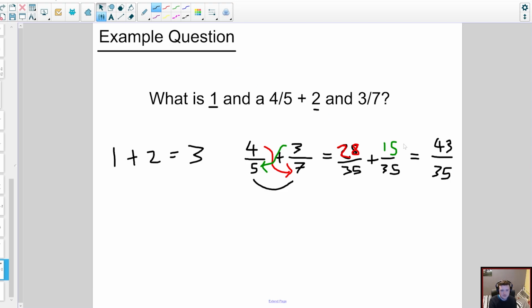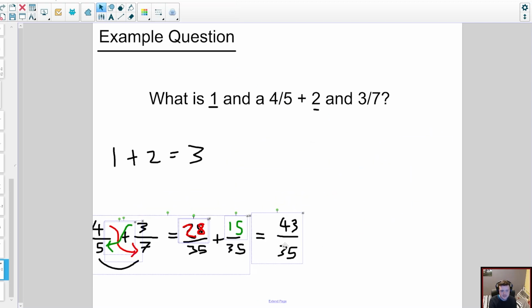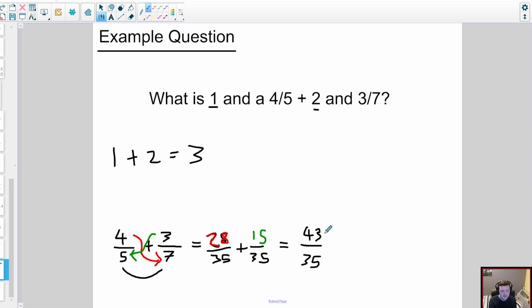Okay, now I know that that's a mixed number, so I'm going to move this down over here. How many 35s in 43? Well, there's only going to be 1. 1 times 35 is 35, so what's left over is 8 out of 35. Okay, move that up here. Add them together. We've got whole numbers. 3 add 1 is 4, so we're going to have 4.